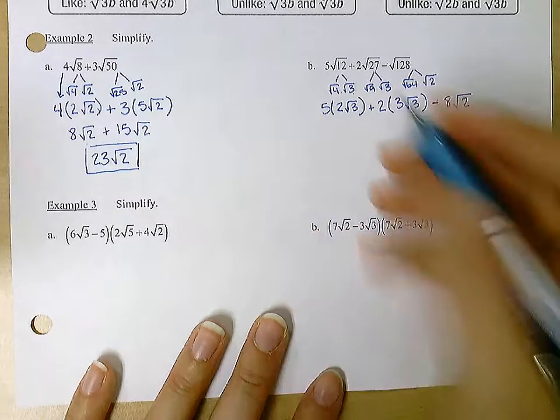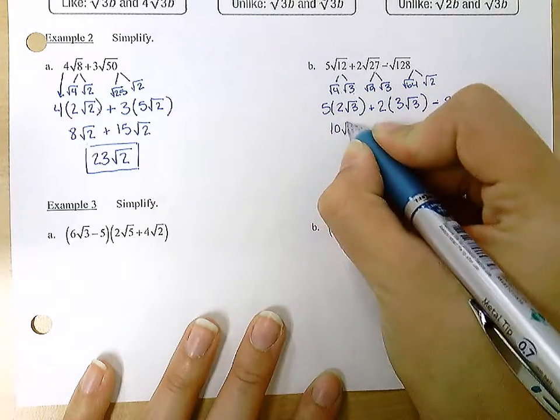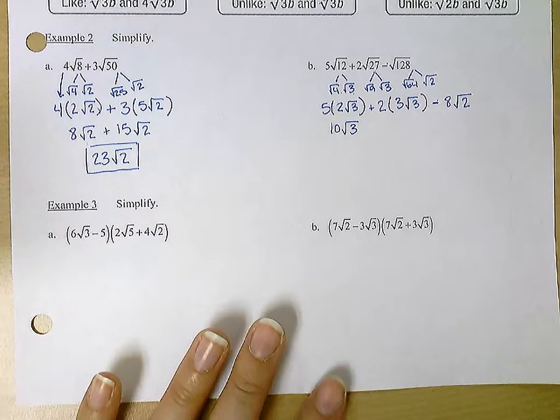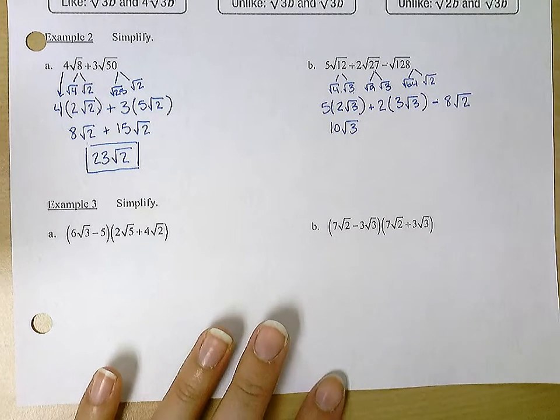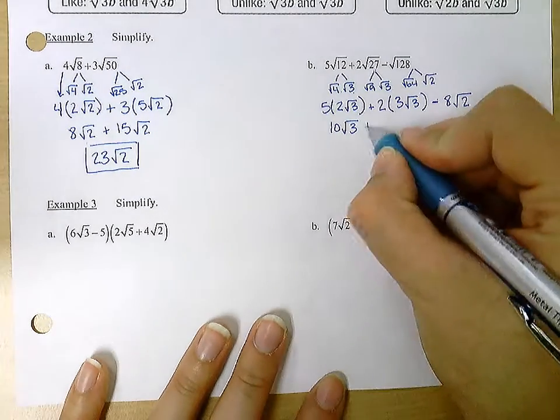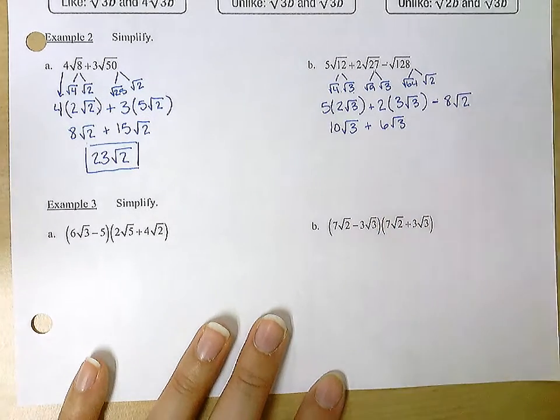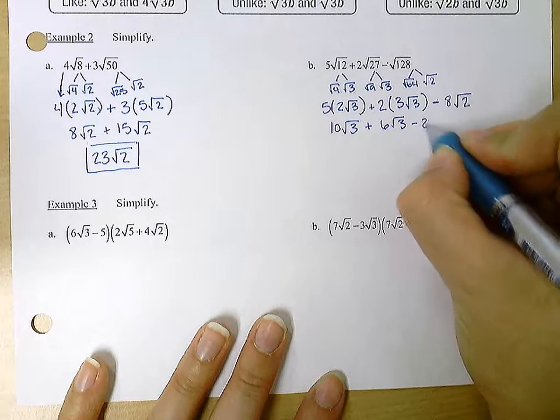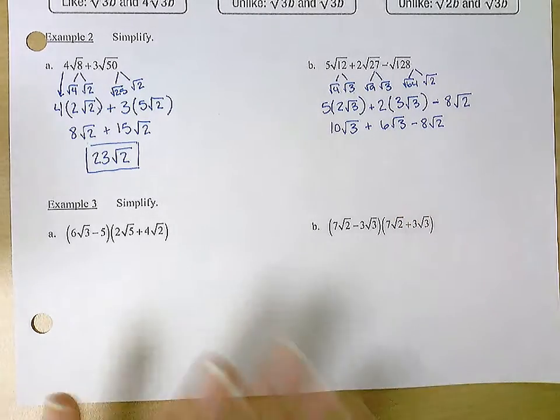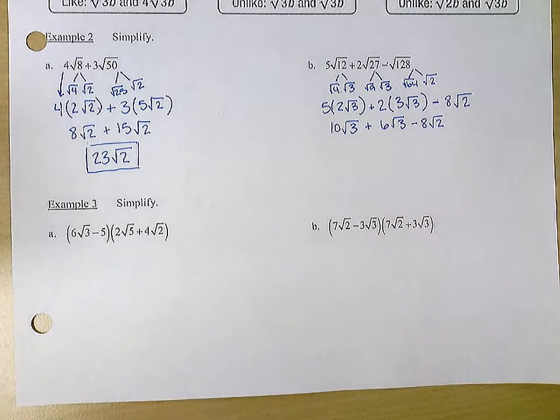So we have 5 times 2 is 10 times the square root of 3, plus 2 times 3 is 6 times the square root of 3, minus 8 times the square root of 2. Can I combine any of these terms?